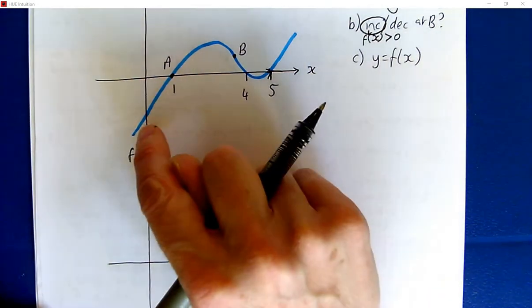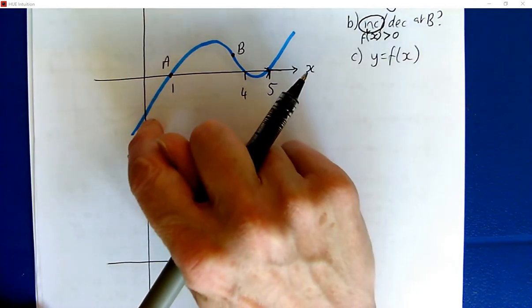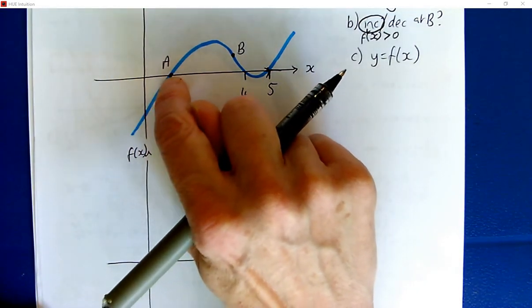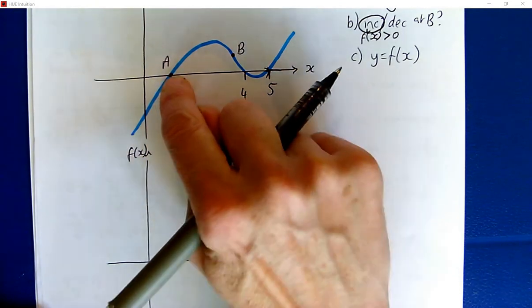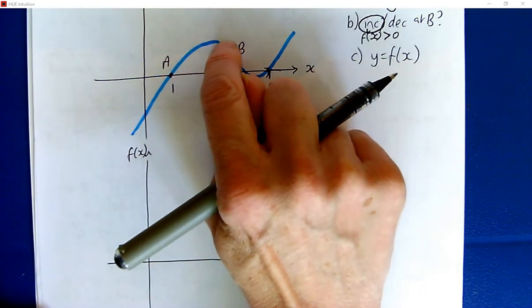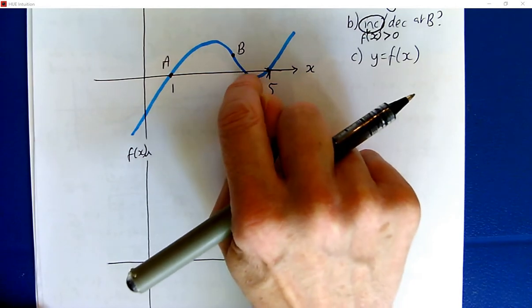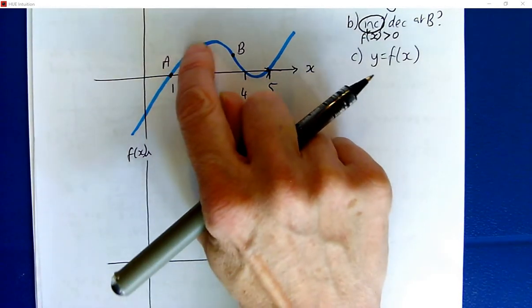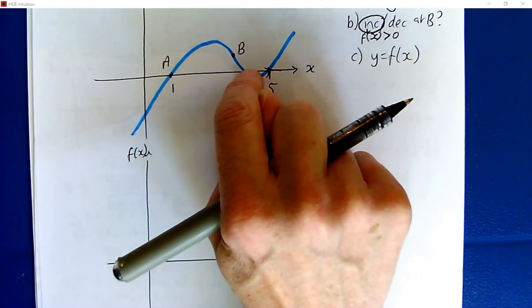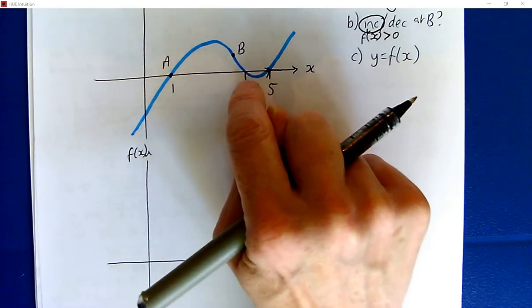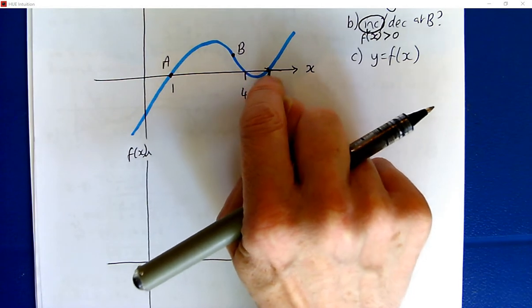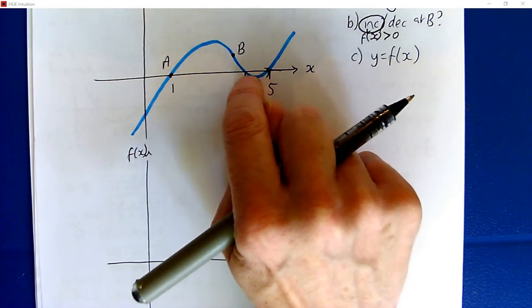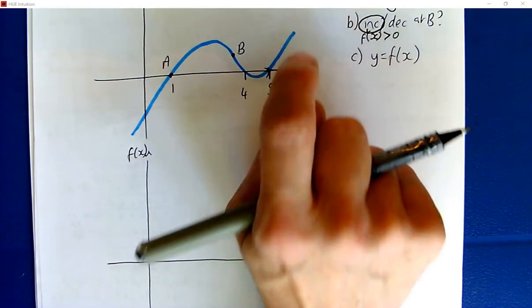So we can see here that the gradient is a negative number, so we're going to be going downhill till we get to A, then the gradient is positive till we get to 4. So we're going to be going uphill for this section, okay? And then we go negative gradients again underneath the x-axis. So for this section we'll go downhill and then we go uphill, okay?